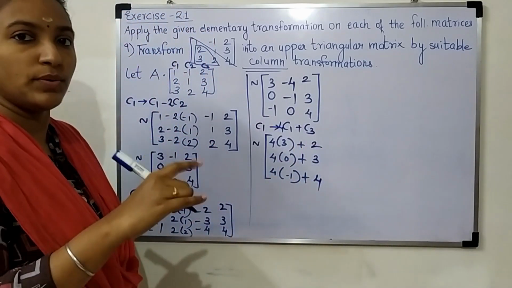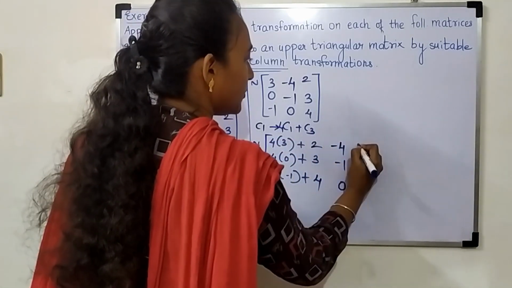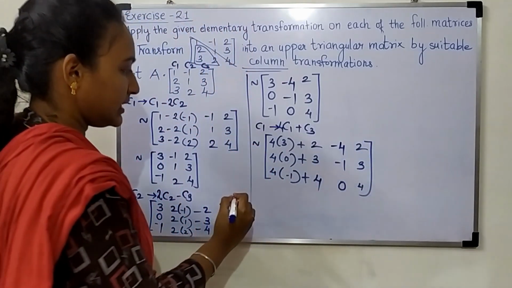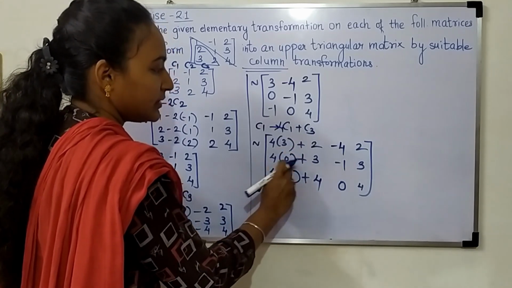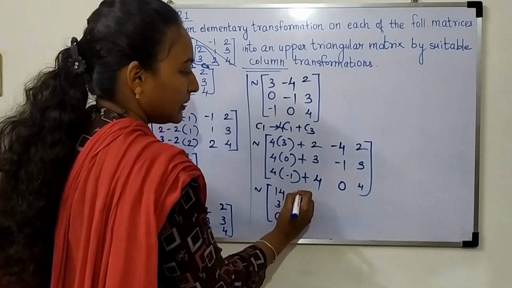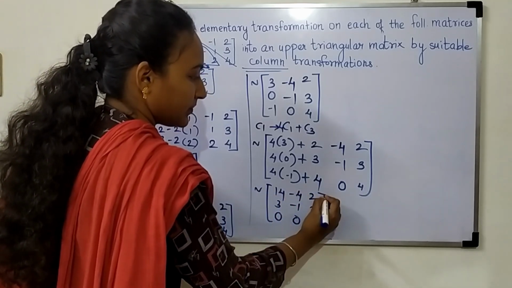Then columns C2 and C3 as it is: minus 4, minus 1, 0, 2, 3, 4. Now we have to simplify this. So this becomes 12 plus 2, 14, 0 plus 3, 3, minus 4 plus 4, 0, minus 4, minus 1, 0, 2, 3, 4 as it is.